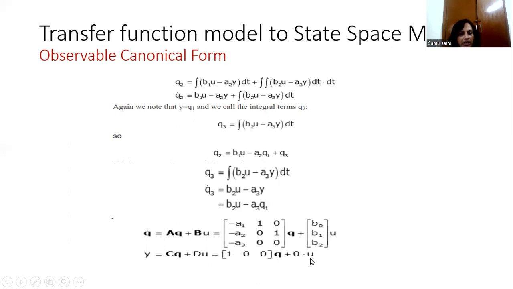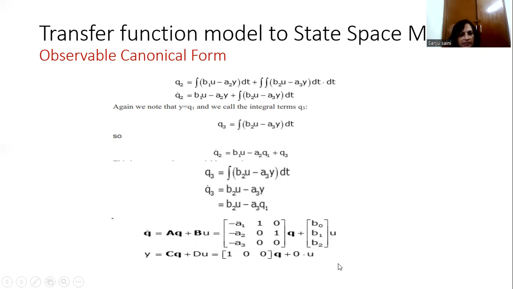Then further it can be generalized. This is for the third order system. For the nth order system, it can be minus A1, minus A2, up to minus An. And all these values will also be B0, B1 up to Bn minus 1. And here we are getting the same.